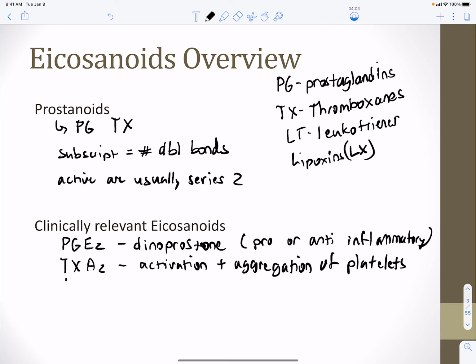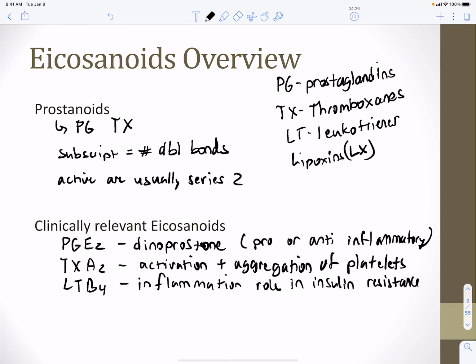And then we have leukotriene B4, which is involved in inflammation and is thought to promote insulin resistance. We also have lipoxin A4, which is anti-inflammatory, and aspirin is actually going to trigger its production.